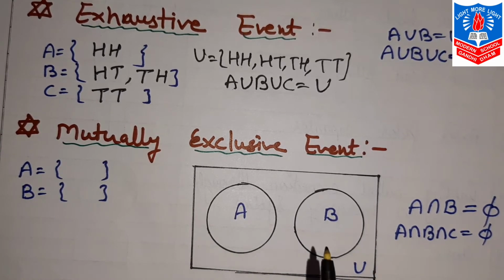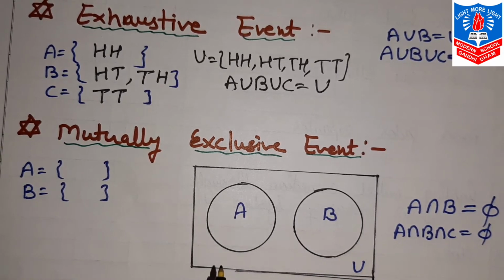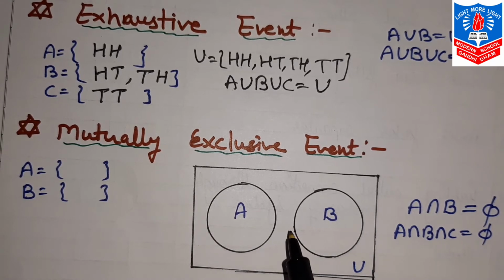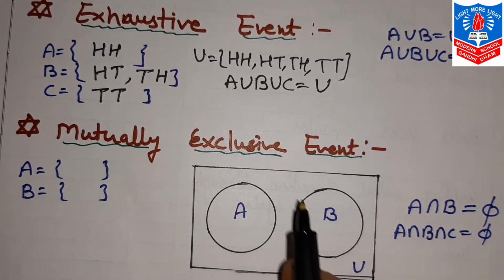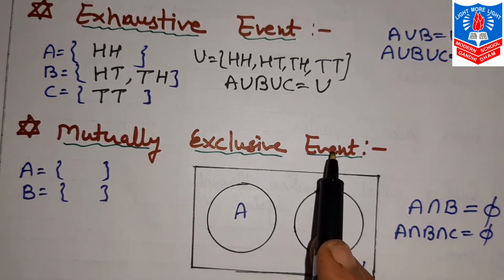When A and B don't occur together, or you can say that between A and B nothing is common, that is known as a mutually exclusive event.